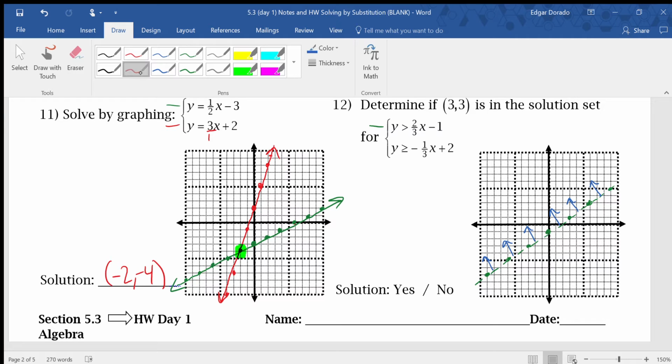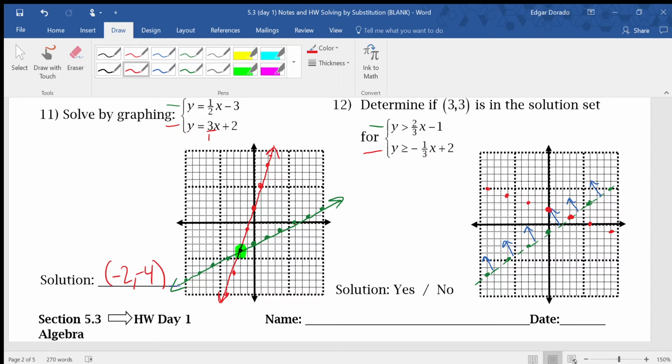Now in red, I'm going to do my y is greater than or equal to -1/3 x plus 2. So I'm going to start at +2. I'm going to go down 1 to the right 3, down 1 to the right 3, down 1 to the right 3, or the exact opposite, which is up 1 left 3, up 1 left 3, up 1 left 3.